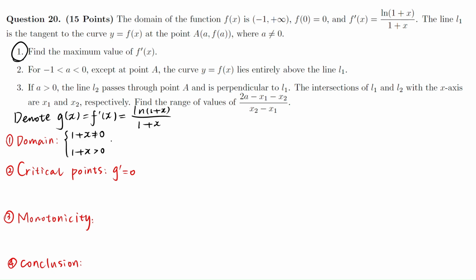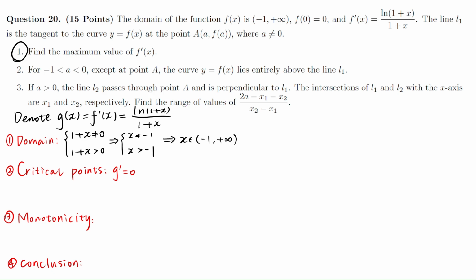Combining these two conditions, we find x is not equal to minus 1 and x is strictly larger than minus 1, which comes down to the true domain of the function g of x, which is x belongs to the open interval from minus 1 to plus infinity, exactly the same as the domain of the function f of x, right?